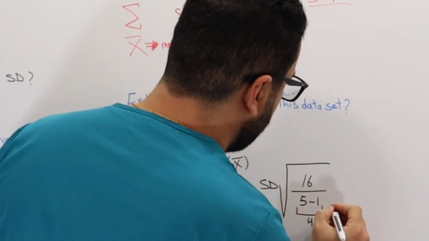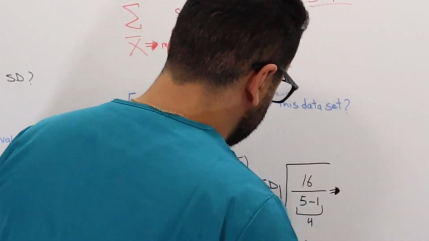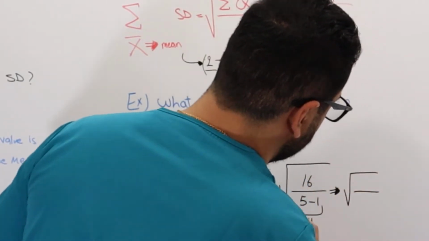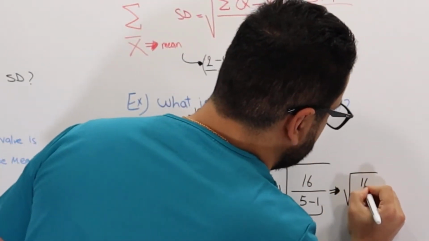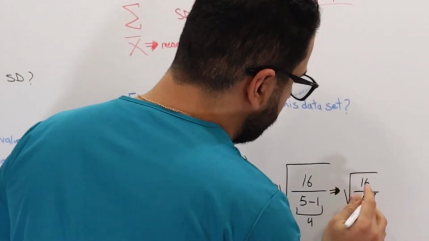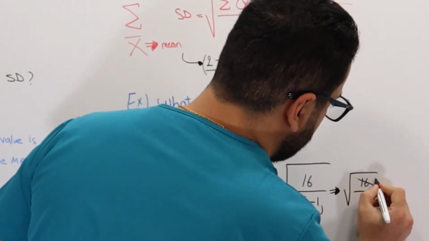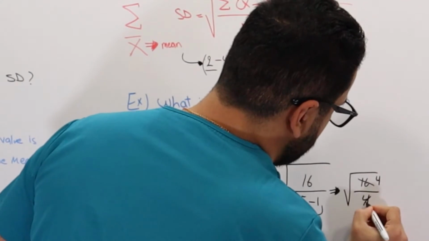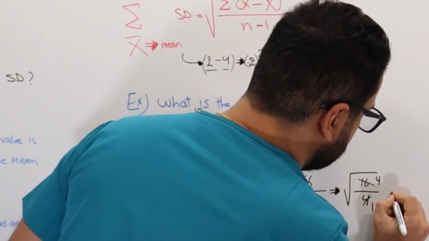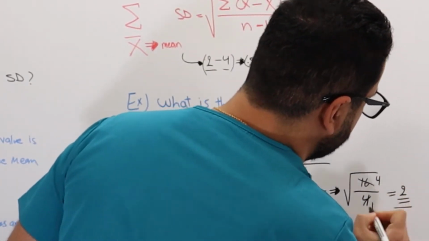So basically what it is, it's 16 over 4. Before taking the square root, if we divide 16 over 4, that's 4. So the square root of 4 is basically 2, and this is the standard deviation.